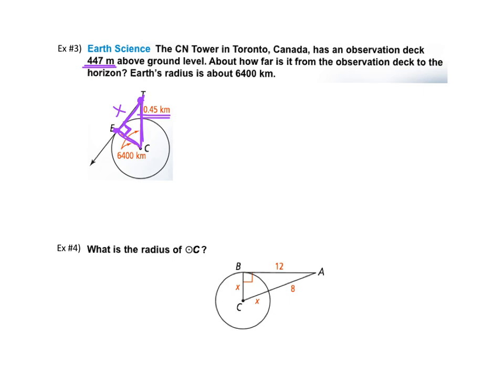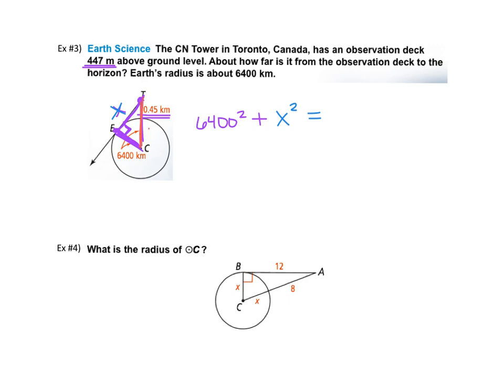We're going to do 6,400 kilometers. You know what? Let's not label it right now. We'll label it at the end. So 6,400 squared, that is this EC side, plus x squared, because that's the other leg of the right triangle, equals, and then the third leg is this whole side.